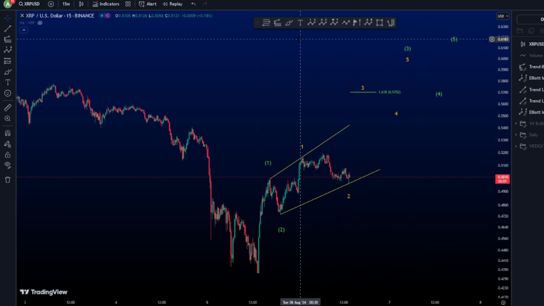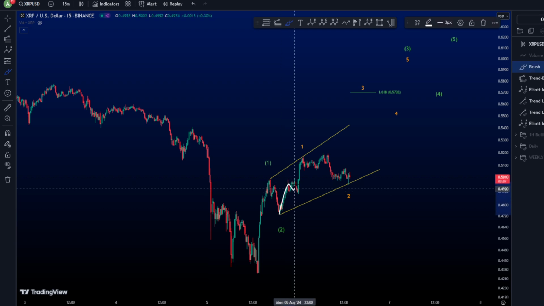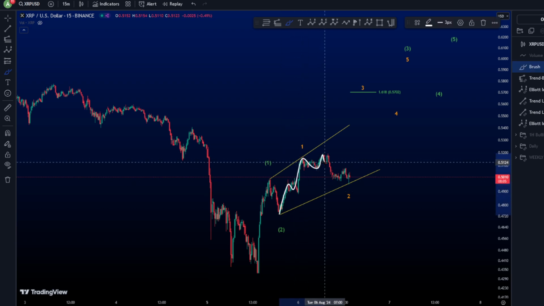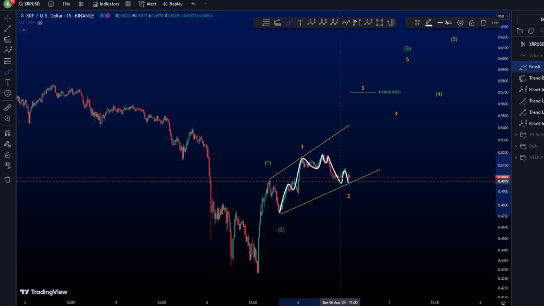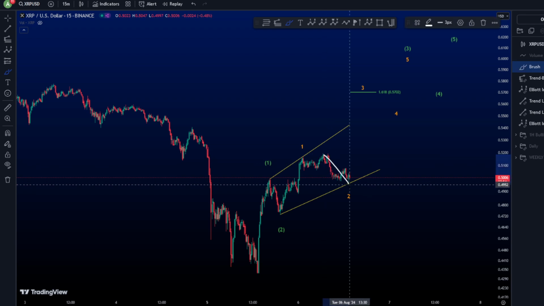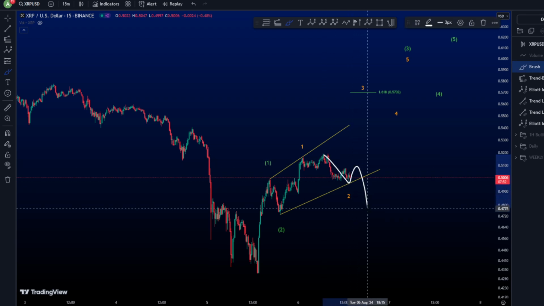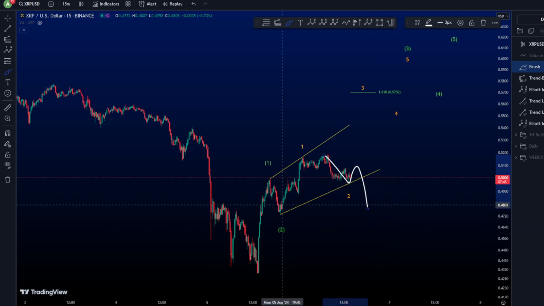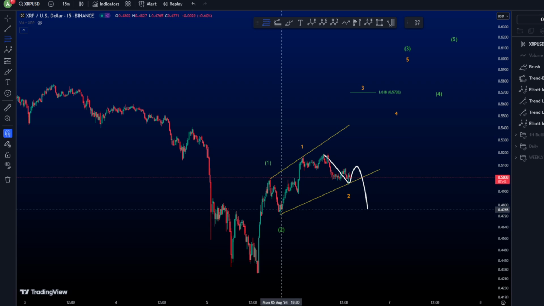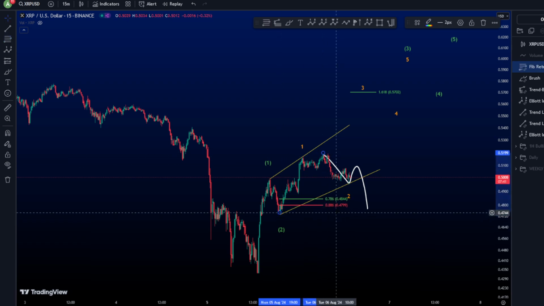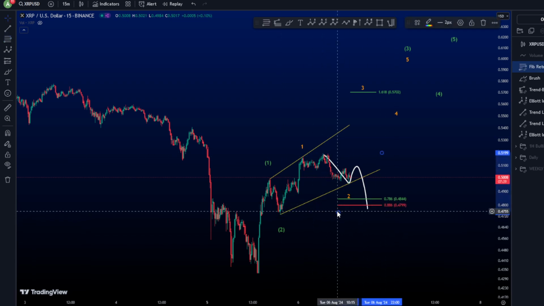However, now inside this 1, 2, 3, 4, and 5, we see potentially A, B, C with 4, 5, or it could be an A and then B and then C for more downside.